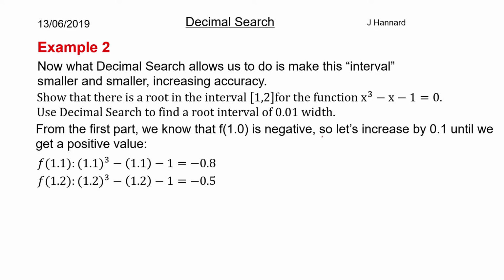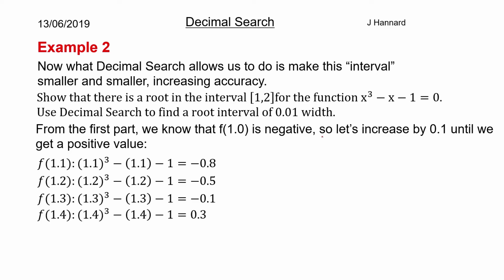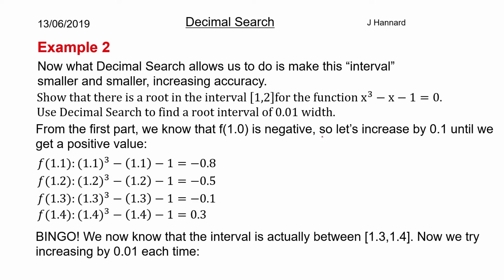We do for 1.2 and get minus 0.5. We do for 1.3 and get minus 0.1. We do for 1.4 and we get 0.3. Bingo. We now know that the interval is actually between 1.3 and 1.4. So already you have gone from a width of 1 to a width of 0.1. The examiner wants 0.01 though, so we have to keep going.